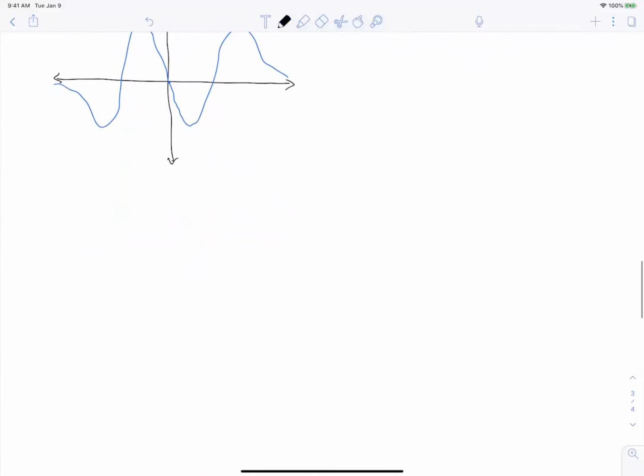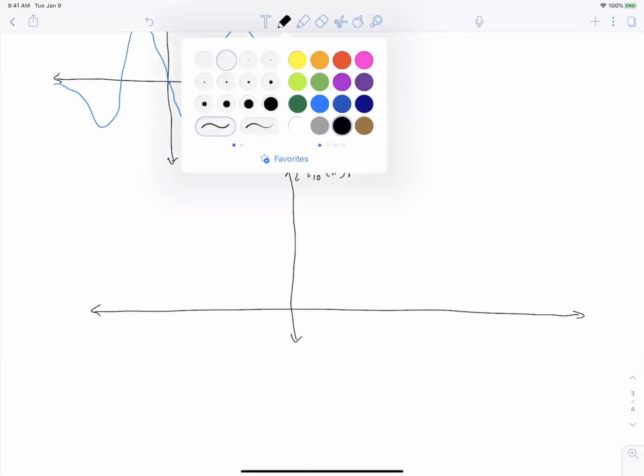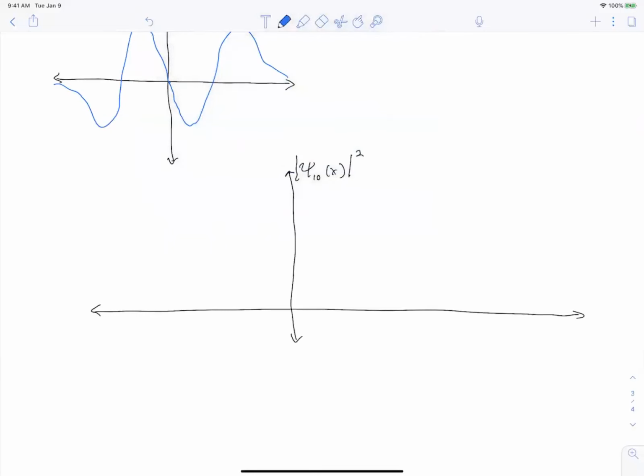Finally, let's draw something for a nice large value of n. Let's do psi 10 of x, just to choose something. Actually, I'll draw the square of it so I don't have to worry about it going negative. So what does the shape of this look like? It's approximately the following.